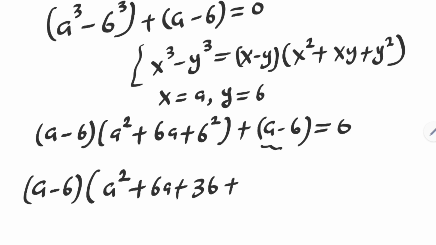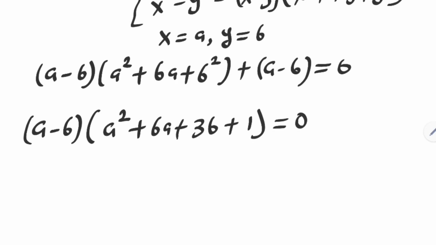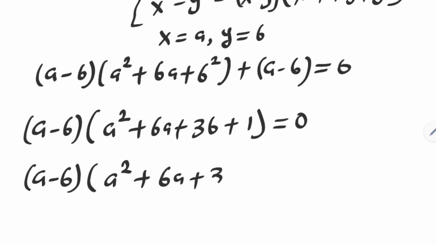Then plus, if you divide this by this a minus 6, that is 1, is equal to 0. Then we have a minus 6 bracket a square plus 6a plus 37 is equal to 0. There are two cases here.